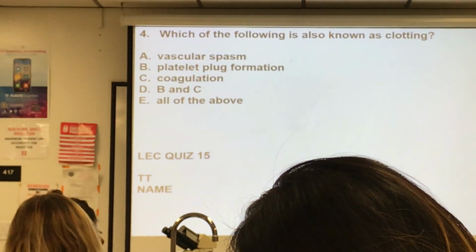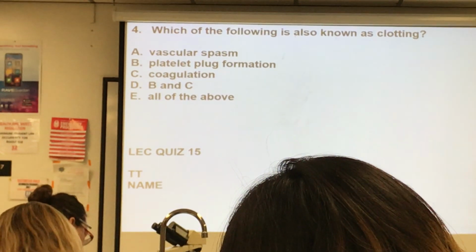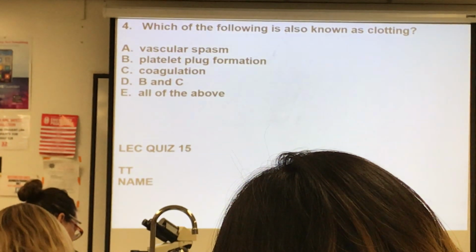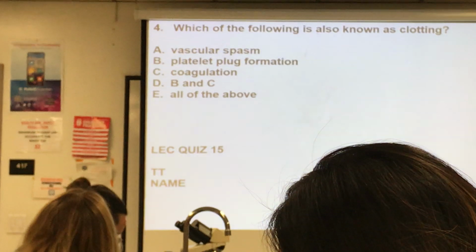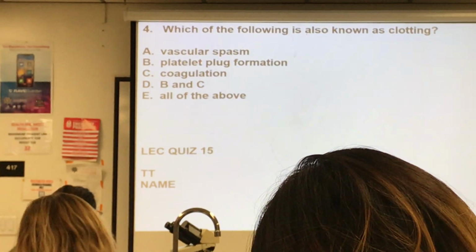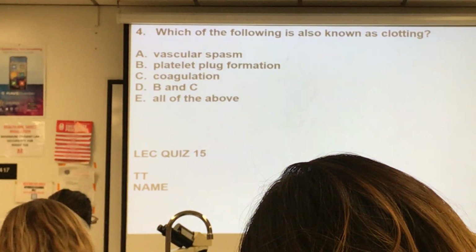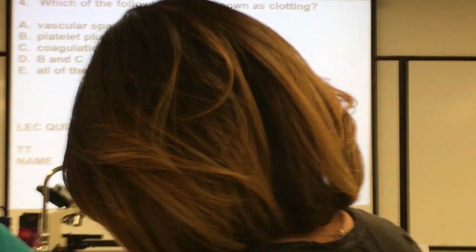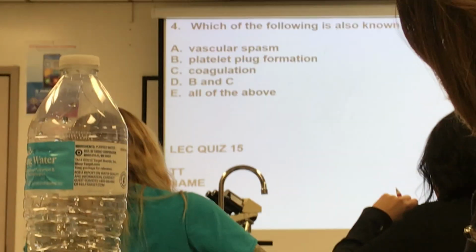So these are the 3 steps of hemostasis. We'll look at each of them, with more time on coagulation, but look at each of them for a period of time. All 3 of them would be hemostasis.